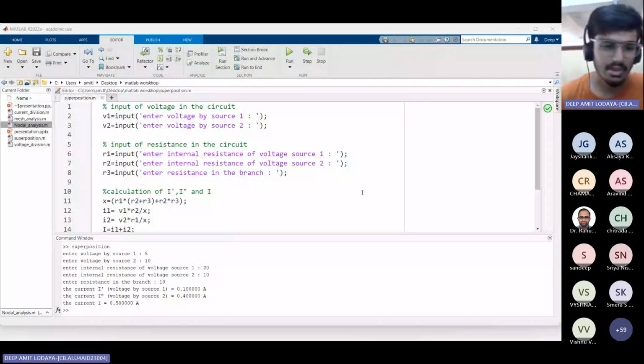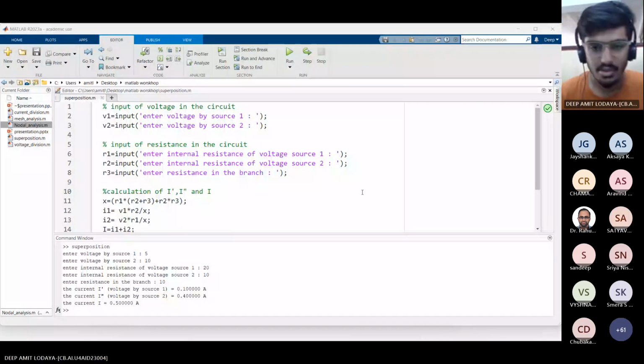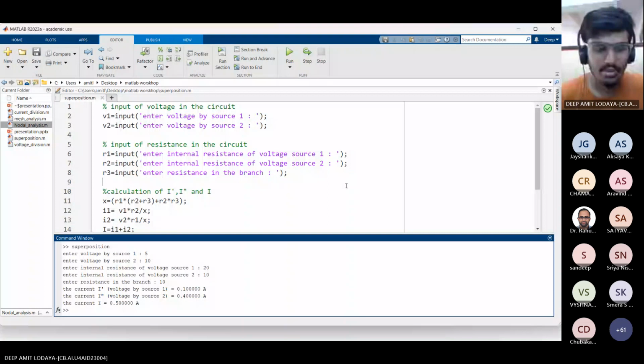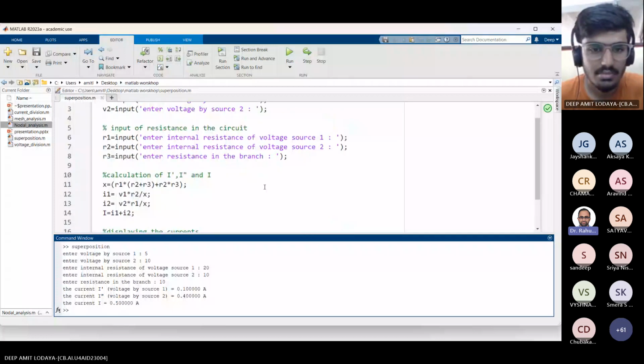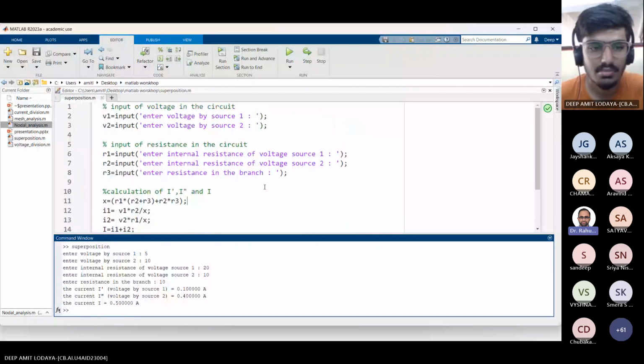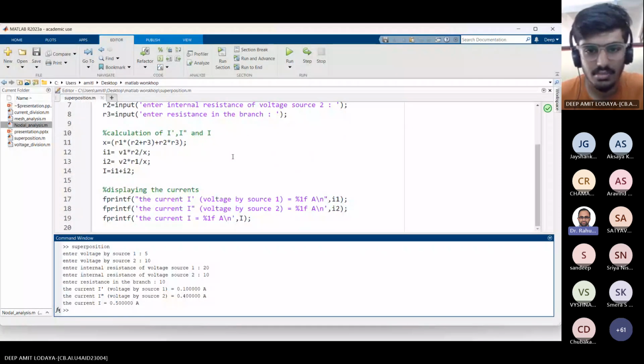Any doubts? Did everyone understand what I explained so far? Participants, please ask your doubts. Superposition is quite an easy one. You need to find the two currents from two cases, or two voltages from two cases, whatever.